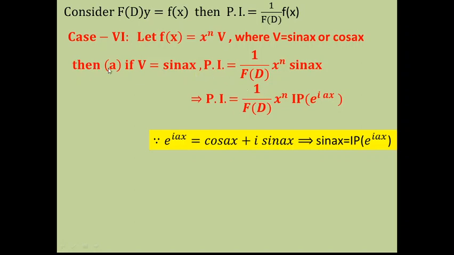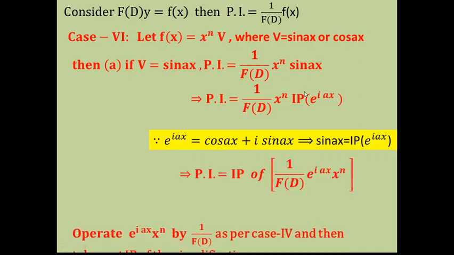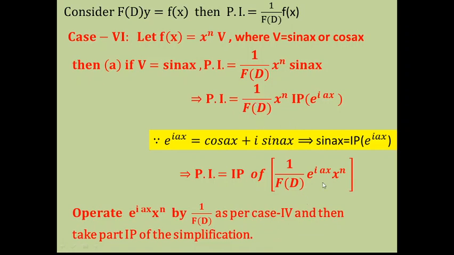So suppose we have v as sin ax, then the particular integral will become 1 upon f of D, x raised to n, with v replaced by sin ax. As we have sin ax, we will write sin ax as the imaginary part of e raised to power iax. Further, this is nothing but the imaginary part of 1 upon f of D, e raised to power iax x raised to n, and then we operate on e raised to power iax x raised to n by 1 upon f of D as per case number 4.